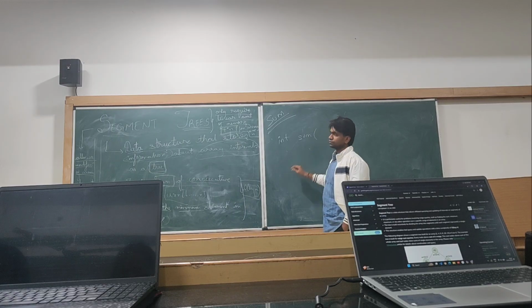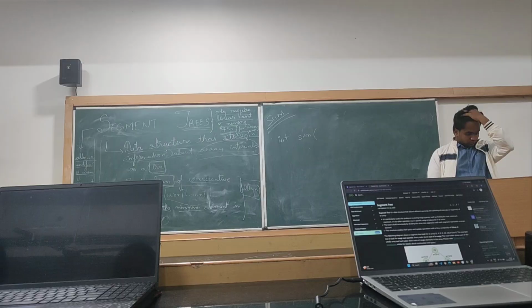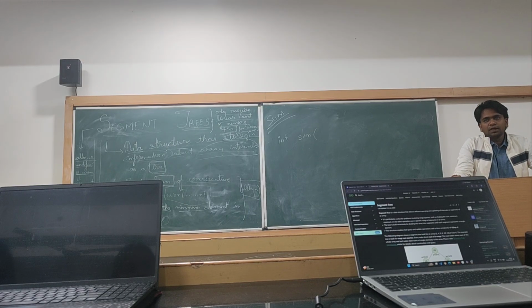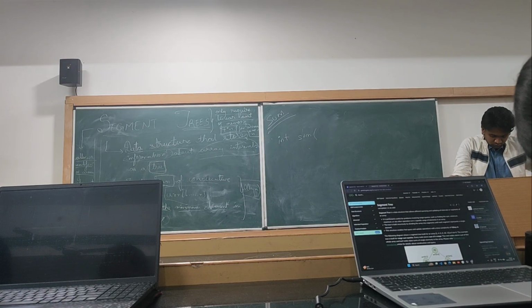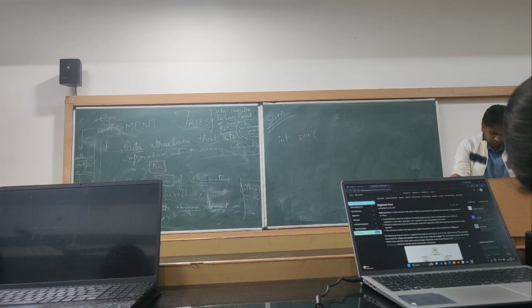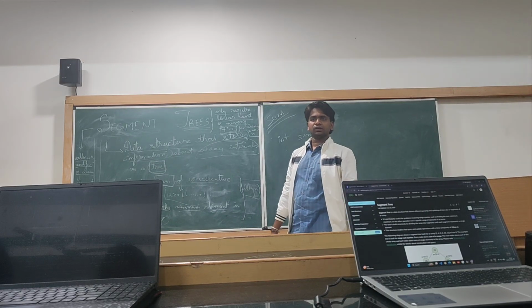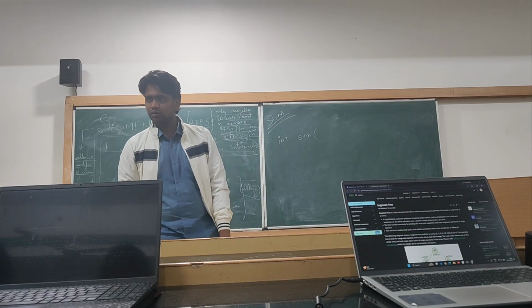What will the parameters be? Okay, the array and so on. Assume the segment tree array is a global array, so you don't need to pass it in the function. It's globally available.